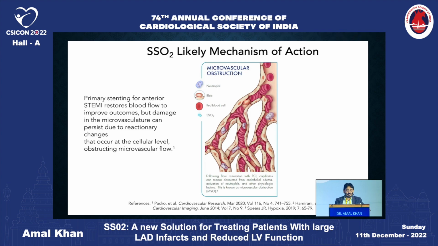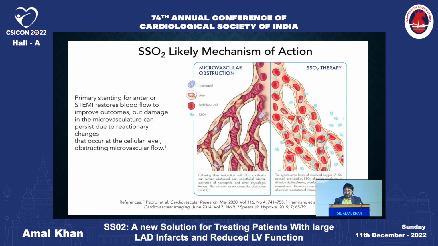After primary stenting in anterior STEMI, the LAD STEMI, it restores blood flow to improve outcomes, but damage in the microvasculature can persist due to reactionary changes which occur at the cellular level. Supersaturated oxygen therapy is basically a hyperoxemic level of dissolved oxygen at very high pressure, 7 to 10 kilopascal.